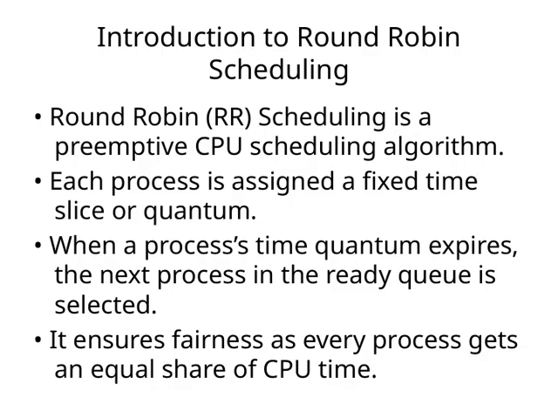Let's delve into the concept of round-robin scheduling. This is a preemptive CPU scheduling algorithm, which means it can interrupt processes to allocate CPU time fairly among all tasks. The core idea is that each process is given a fixed time slice, often called a quantum. When a process's allotted quantum expires, the scheduler switches to the next process in the ready queue.